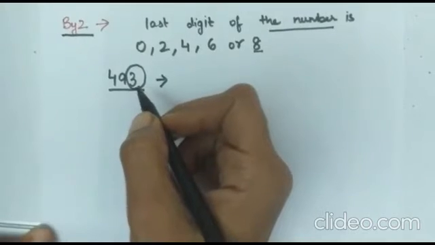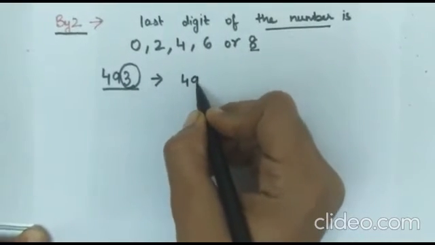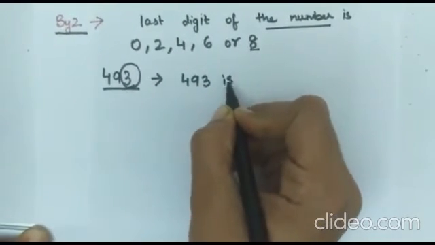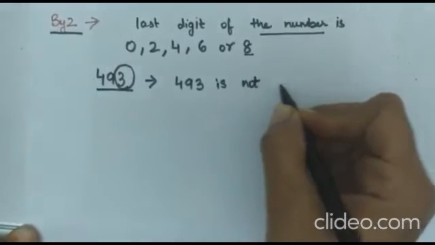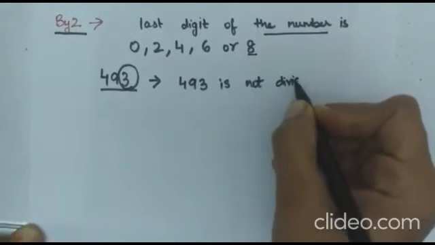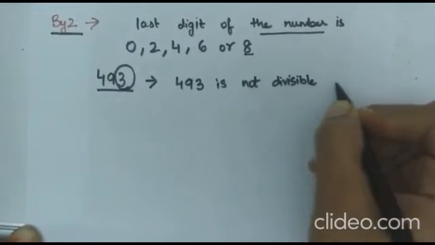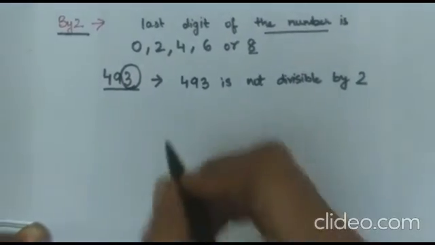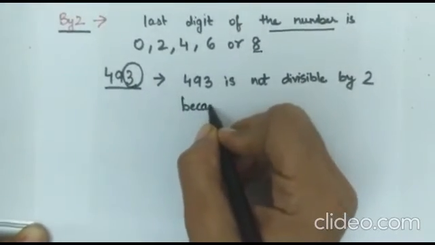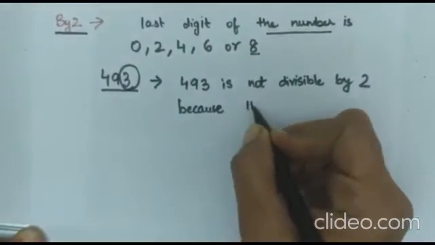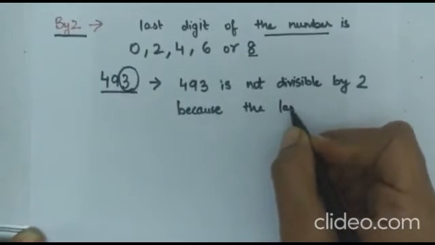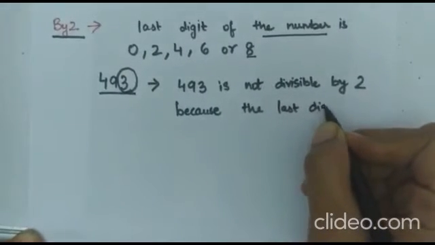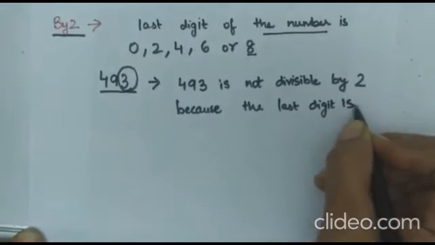So how will you write? 493 is not divisible by 2. Why? Because the last digit is 3. Fine.